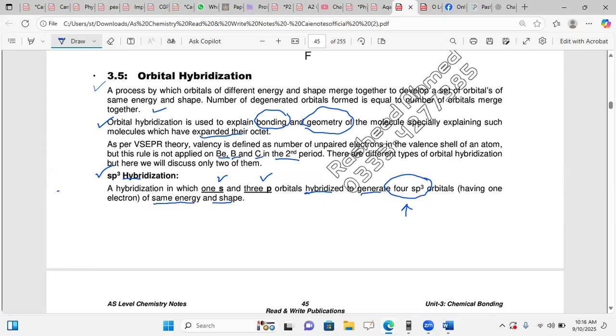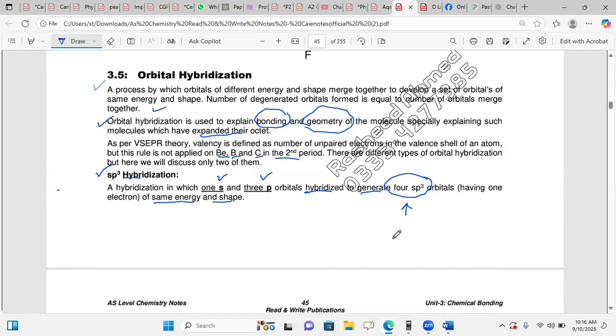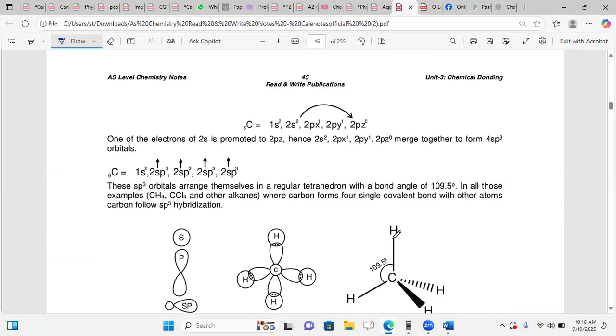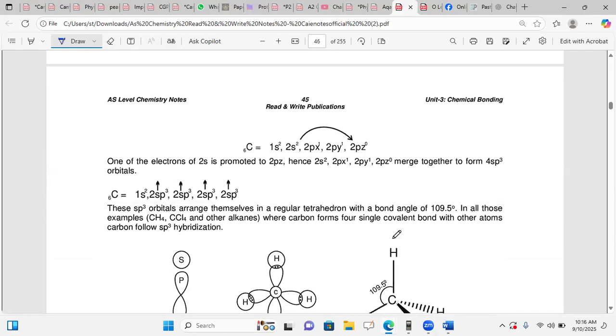When they have the same shape and energy, making 4 orbitals, then we can say, for example, as I have taken the example of carbon, now he is saying 2px and 2py with 1 electron, and 2s is shifting its electron towards 2pz, and they are producing 4 sp3 orbitals.